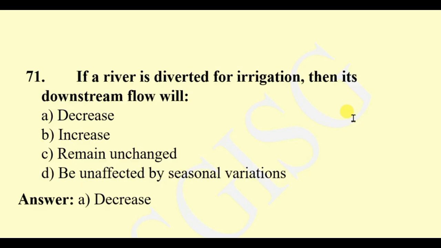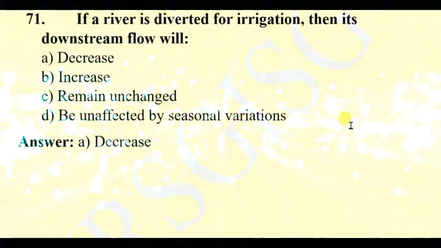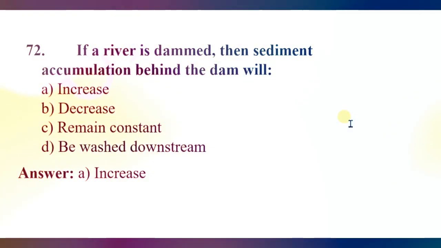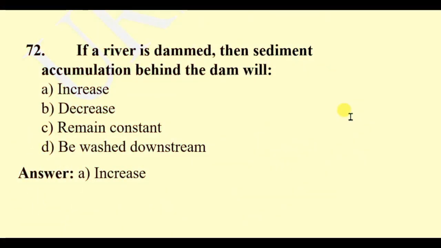Question 71. If a river is diverted for irrigation, then its downstream flow will decrease, increase, remain unchanged, or be unaffected by seasonal variation. Of course, it will decrease. Question 72. If a river is dammed, then sediment accumulation behind the dam will increase, decrease, remain constant, or be washed downstream. The right answer will be increase.